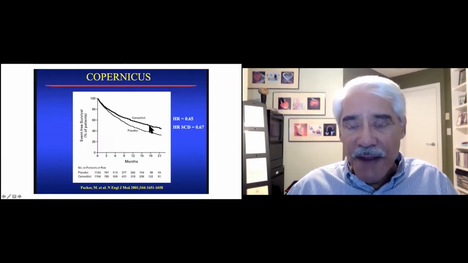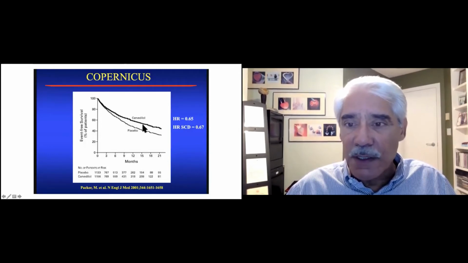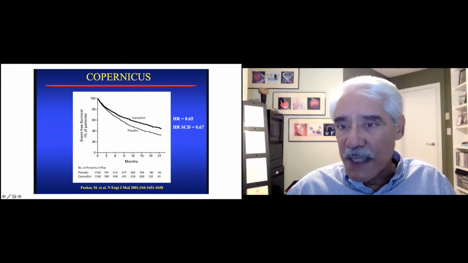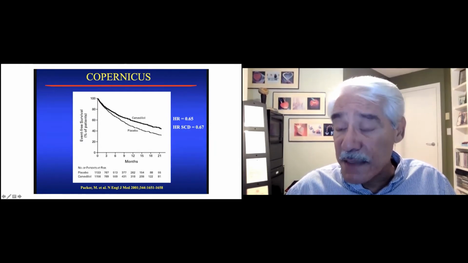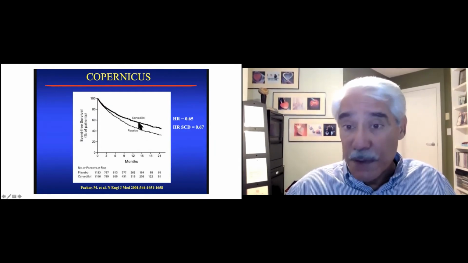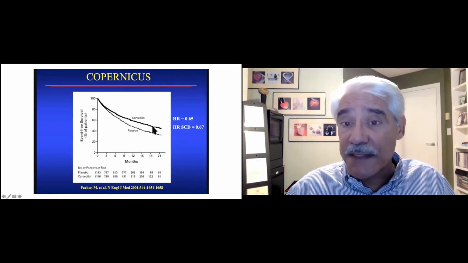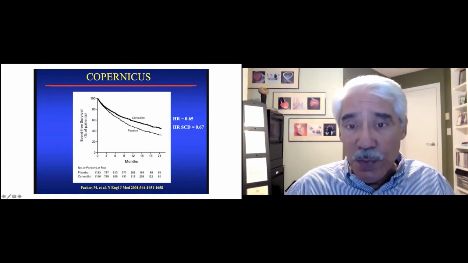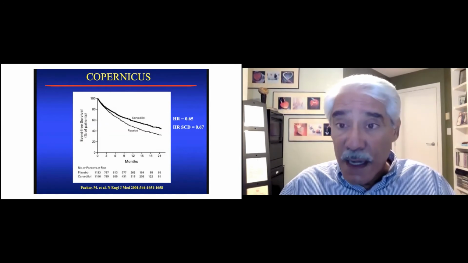And the survival in carvedilol patients was much better using the beta blocker. And there was a decrease not only in overall mortality, but a decrease in sudden death mortality, clearly showing the beneficial effects of the beta blocker in case of arrhythmias causing sudden death. So this brought on the era of use of beta blockers in heart failure, where there was systolic dysfunction.